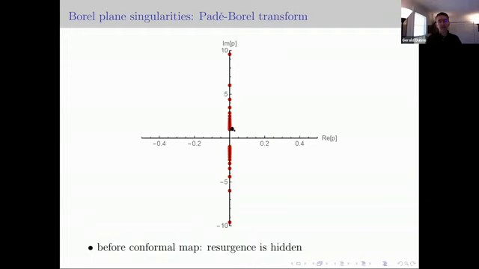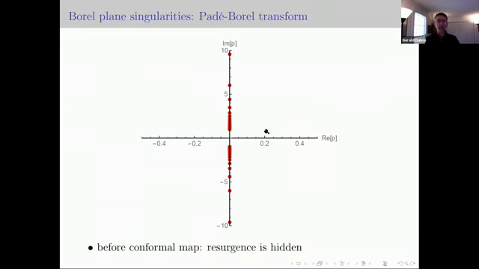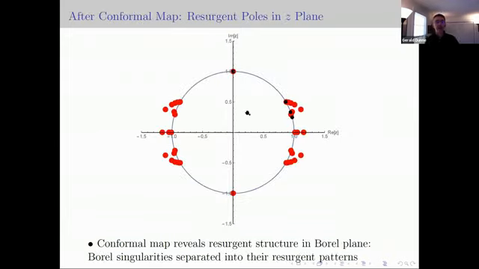But you don't see anything funny happening at 2i or 3i or whatever. So let's just make this conformal map, because looking at this Padé, we would guess that that's the appropriate conformal map to make. And now this is what happens.